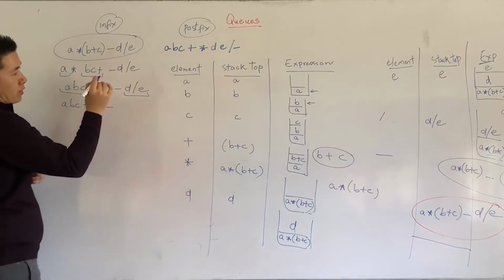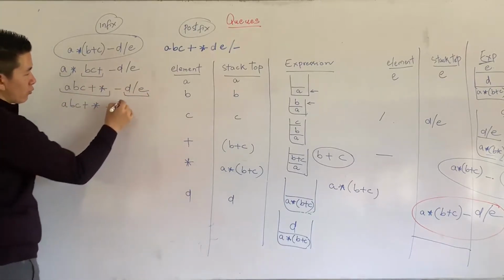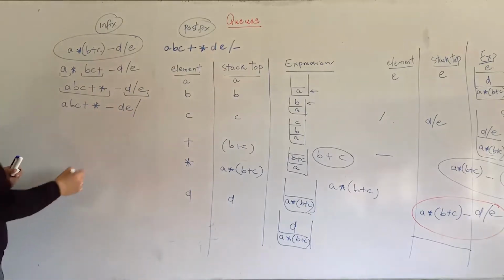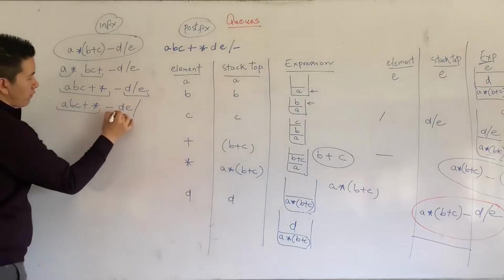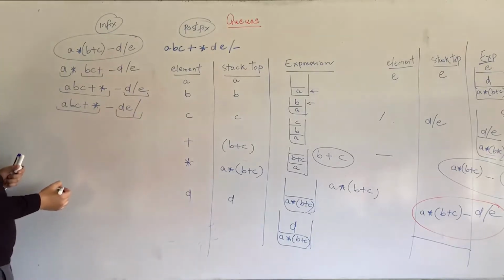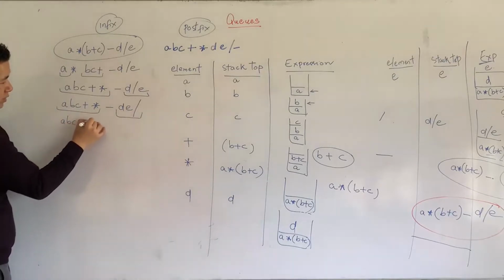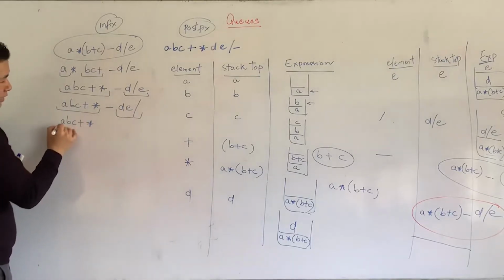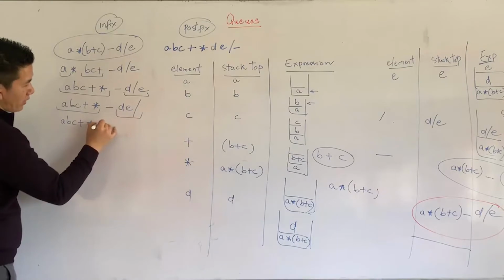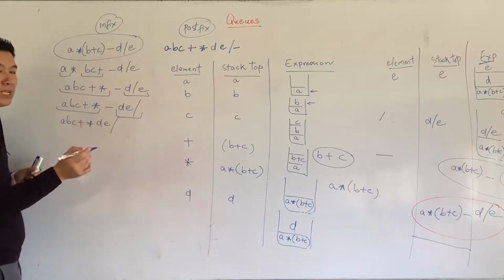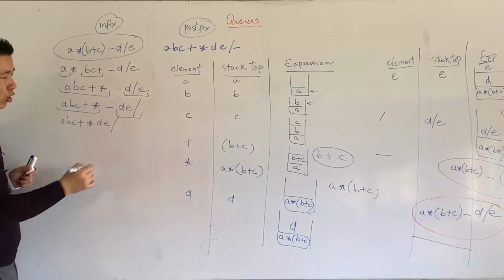This D divided by E will change to D, E, and then slash. So these are the final two operands. This being the first operand, just copy as it is. The second operand is D, E, slash, and in between you have the subtraction operator.